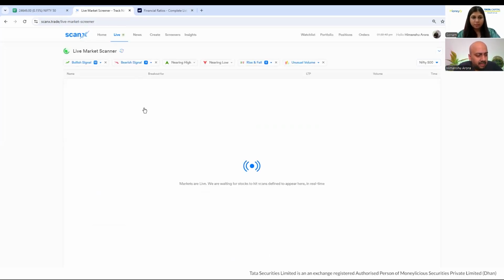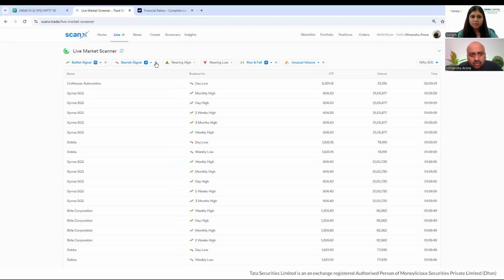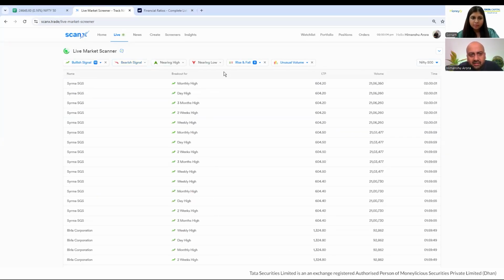For example, these are the stocks which are giving me buy and sell signals for now. If you want bullish signals or bearish signals, or you feel the markets are only bullish today and want to remove the bearish signals, you can just click here at the click of a button, and you will start getting all the bullish stocks. So a regular feed of stocks is there for intraday traders.